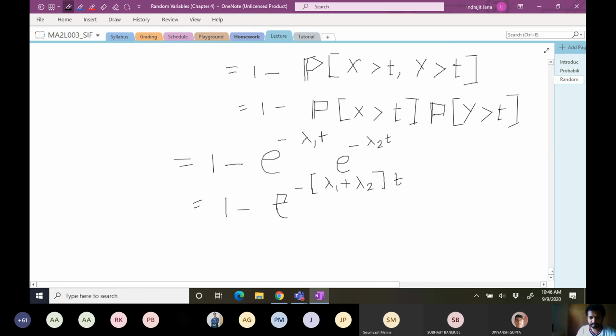Now, if you look at the pattern, this looks like the CDF of an exponential with lambda 1 plus lambda 2. So let me write down the final conclusion, then I will explain: the minimum of x and y follows exponential of lambda 1 plus lambda 2.